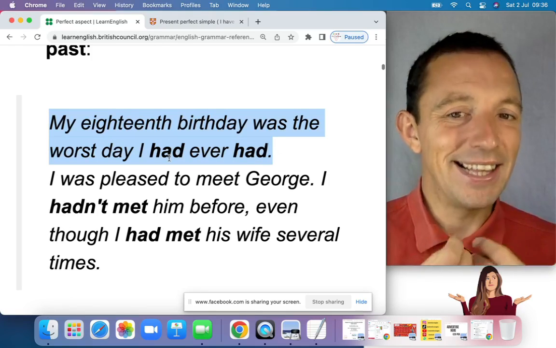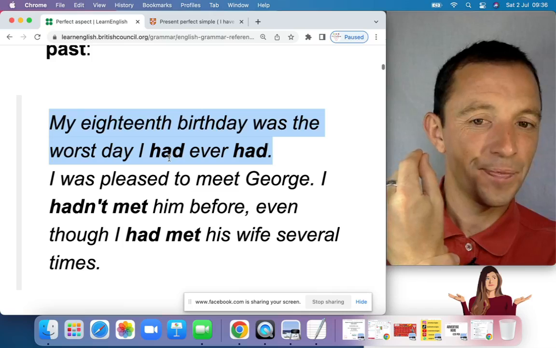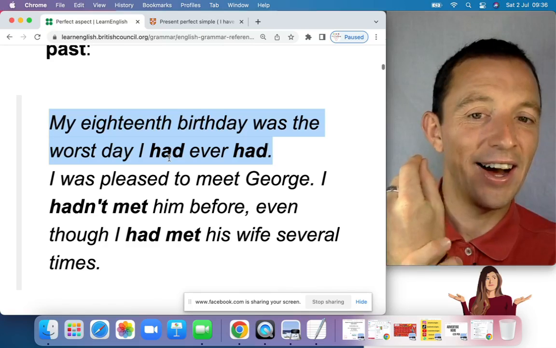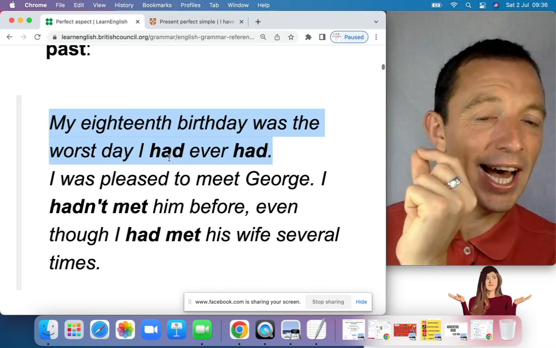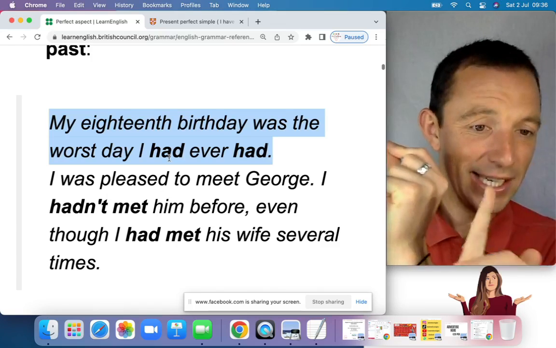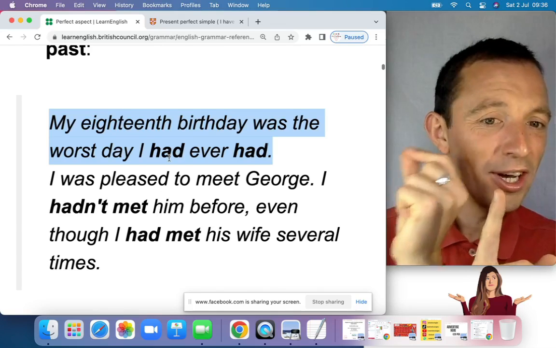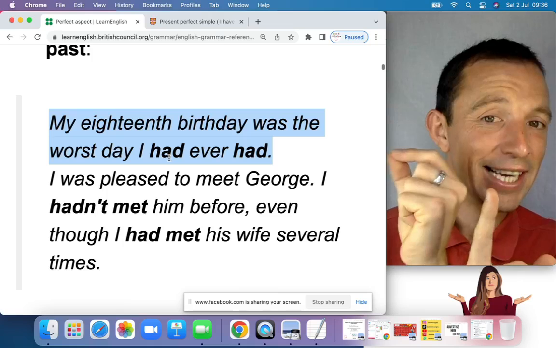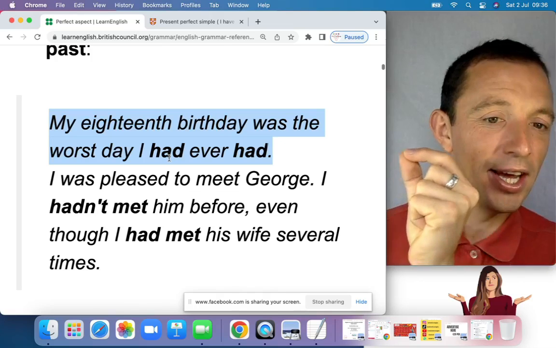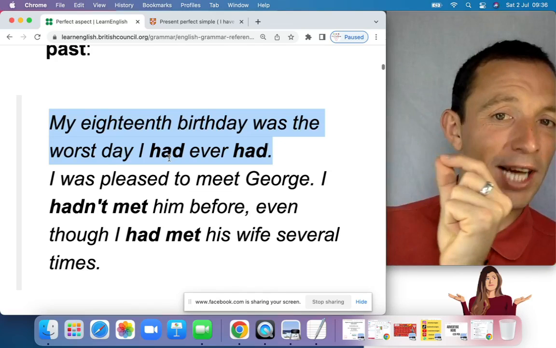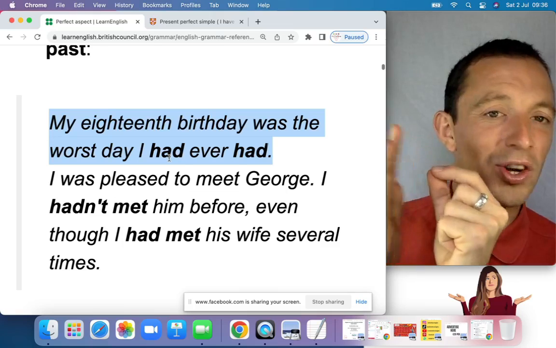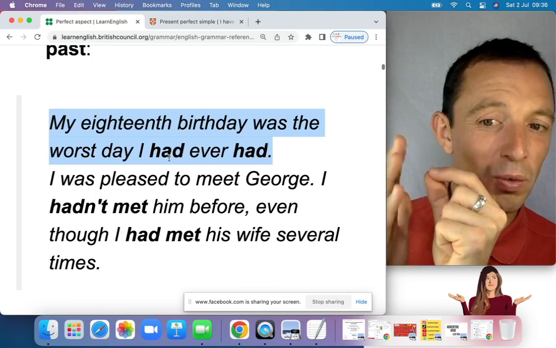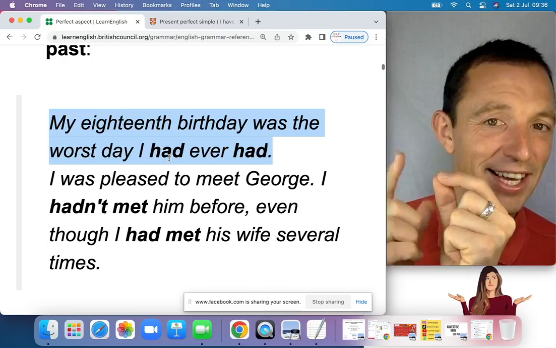My 18th birthday was the worst day I had ever had. So your experience of your birthday, and it's the 18th birthday. Today, in the present, you are older, but in the past, you were 18 and you celebrated your birthday. For the time before that, to describe your experience, it was the worst day. So it was the worst day I had had.